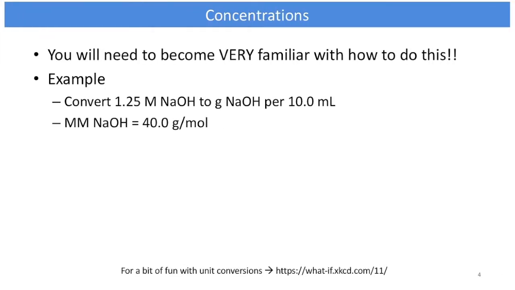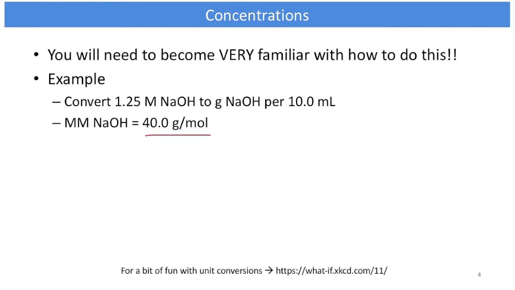So one thing you'll need to become familiar with is how to convert one concentration unit to another. Now, this particular example here is fairly simple, and I hope you could all do this. So converting 1.25 molar sodium hydroxide to grams of sodium hydroxide per 10 milliliters, and given the molar mass of sodium hydroxide as 40 grams per mole.